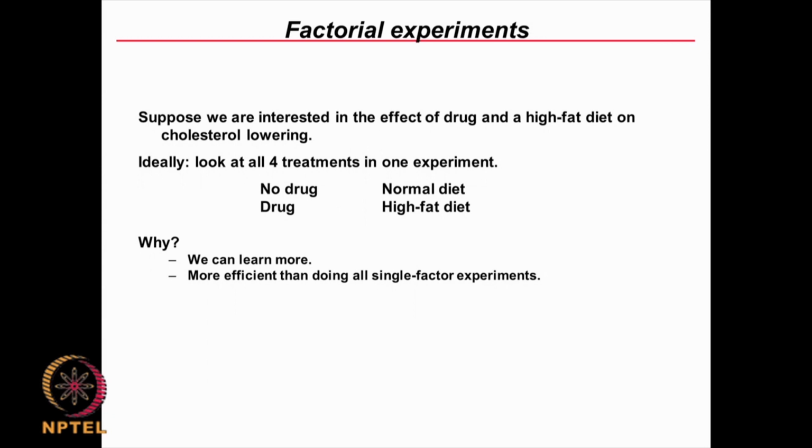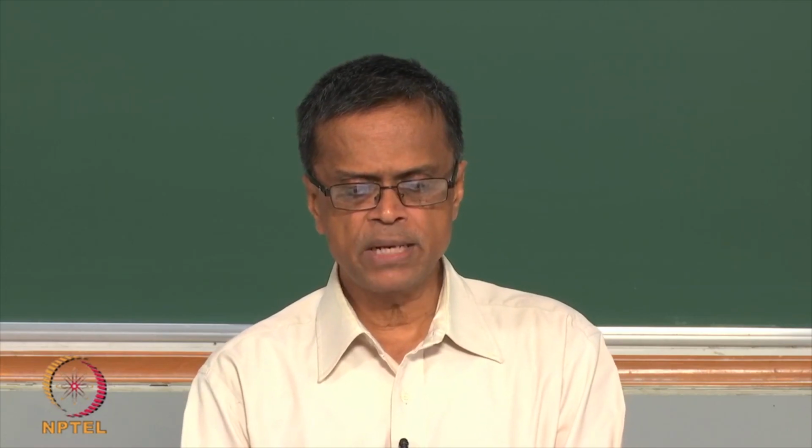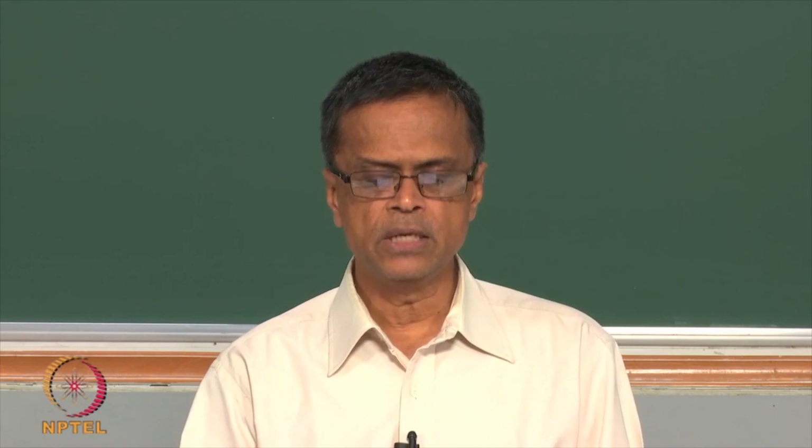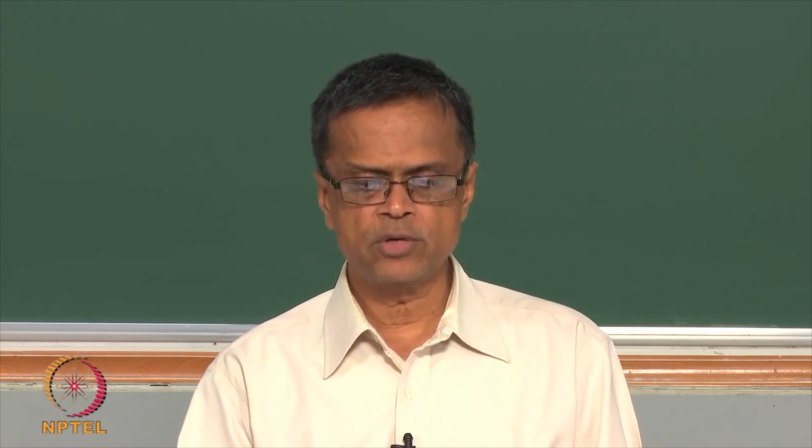Fourth experiment could be with the drug and high fat diet. So, we are combining both these factors and getting 4 experiments. So, it is much better than doing single factor experiments. For example, in single factor experiments, one experiment could be no drug, next experiment could be drug, third experiment could be only with normal diet, fourth experiment could be high fat diet, with no change in the drug pattern.